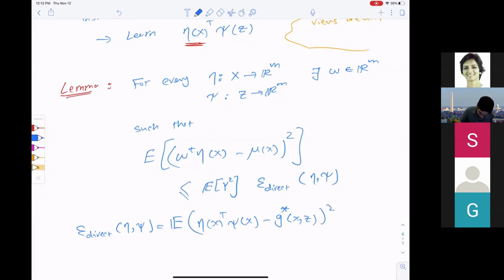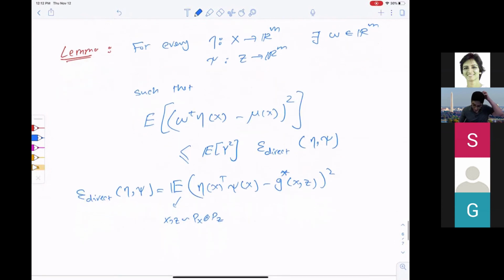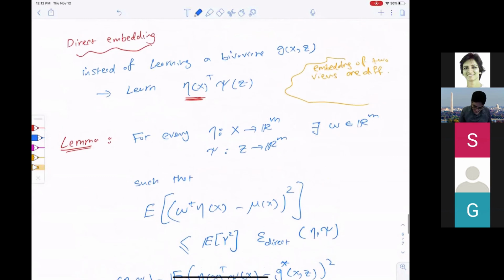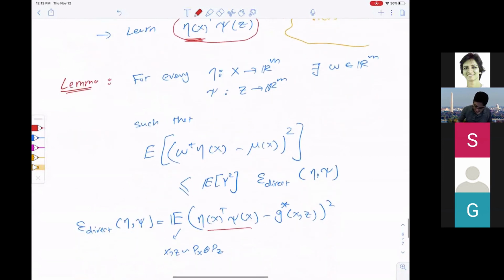Okay, so here the expectation is over x and z coming from the product of two distributions. In other words, this lemma tells me that as long as eta of x transpose psi of z, which is a particular bivariate function, not as general as g of x and z, is close to g star, then I'm good.